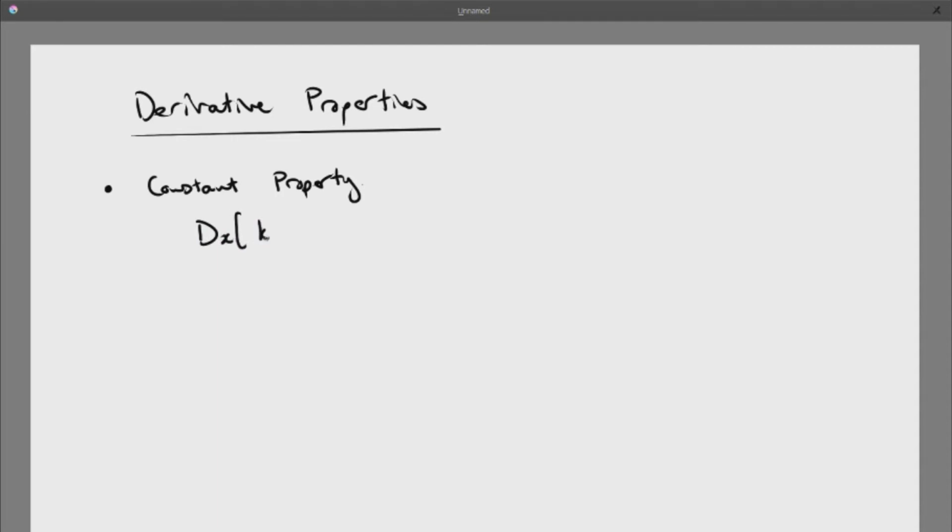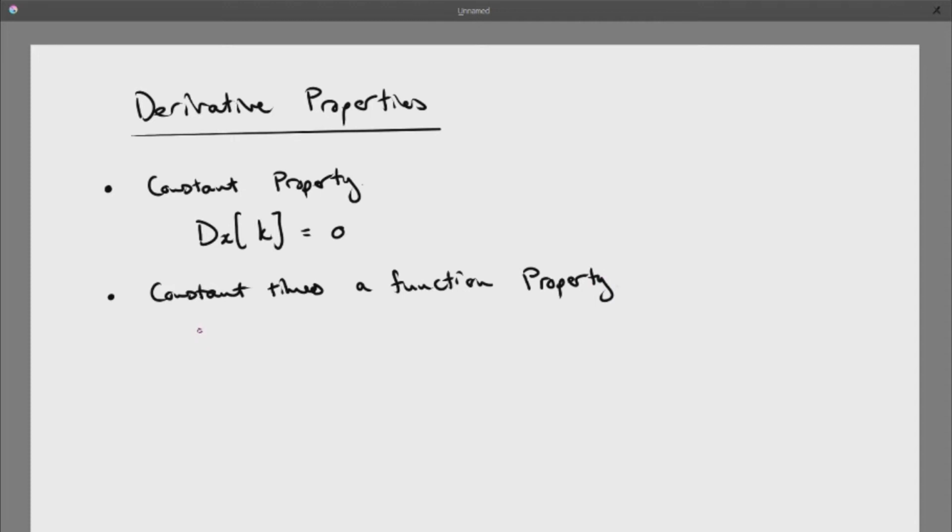Derivative of a constant function is 0. Mix up the notation a little bit. Then we have, it doesn't really matter which order we do this, the constant times a function property. Doesn't really have a nicer name, but you get used to it.